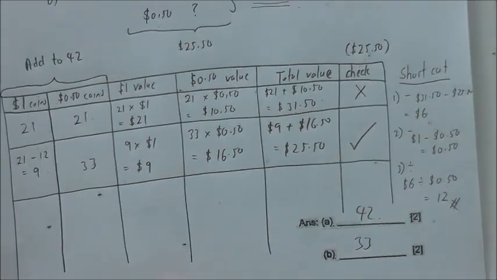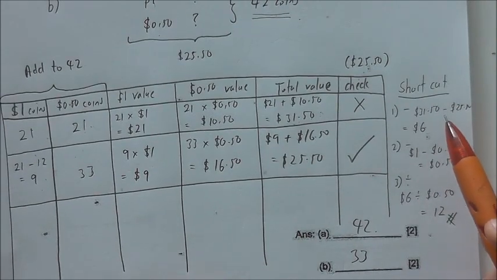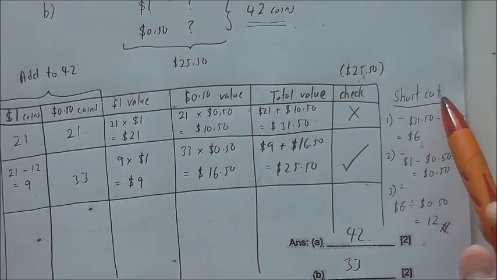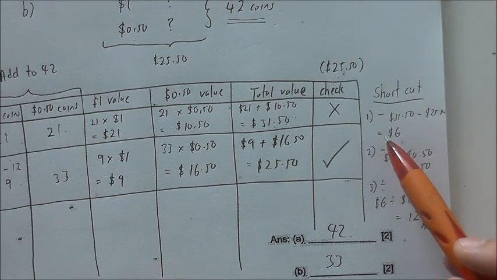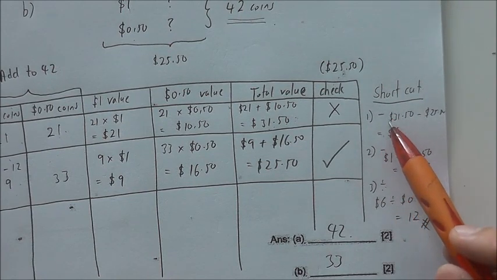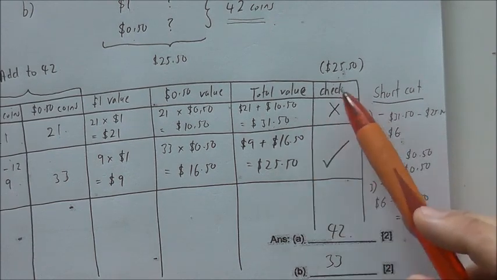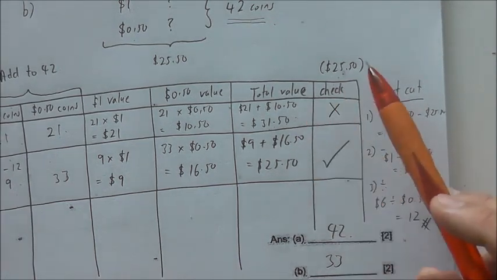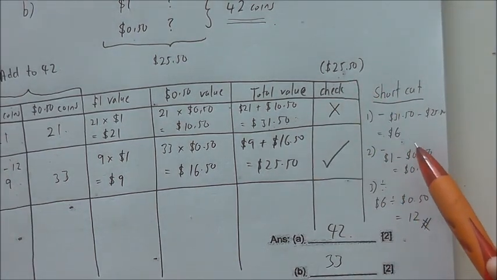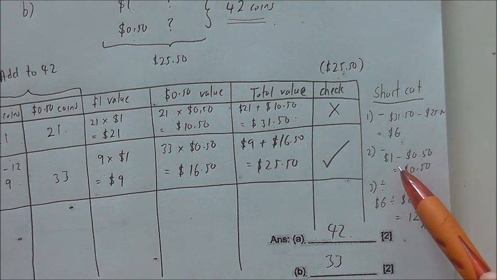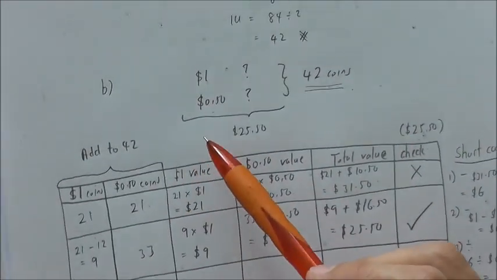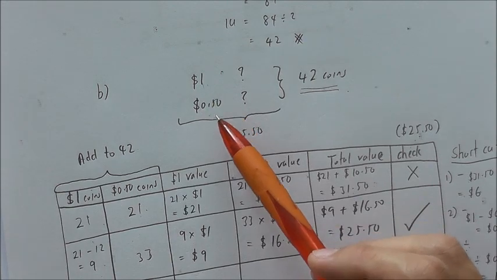Okay guys, that's it. Let me just recap a little bit on this shortcut method. First of all is the minus divide. So what do you minus? You minus the total value and the check. Whichever is bigger, you take the bigger one minus the smaller one. Then next, we take the two objects here, $1 and 50 cents.